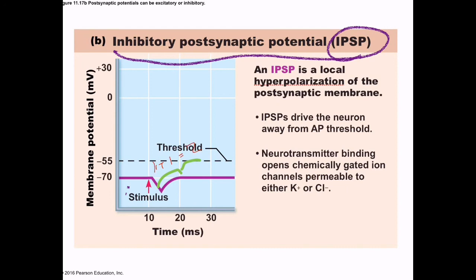In this case, one excitatory postsynaptic potential plus another excitatory one becomes an actual action potential. So we have to sum them. We have to have multiples of them in order to pop into an actual stimulated state. Okay, let's look at how that occurs.